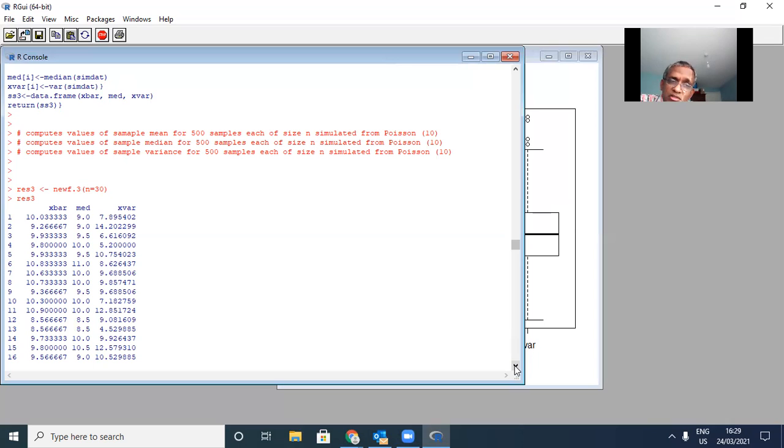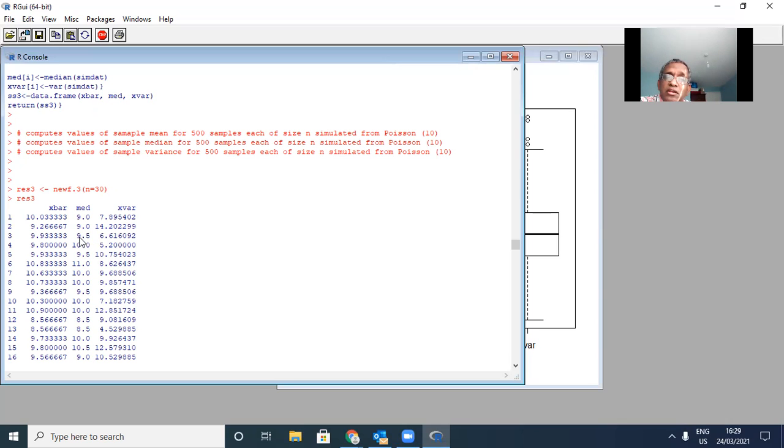So when you look at the second column here, you see the median values are like 9, 9, 9.5. The reason it is 9.5 is that if you have an even number of data points, the median is the average of the two numbers in the middle.